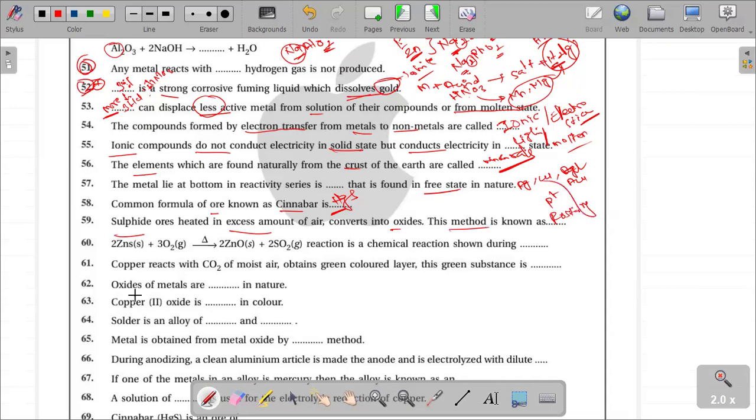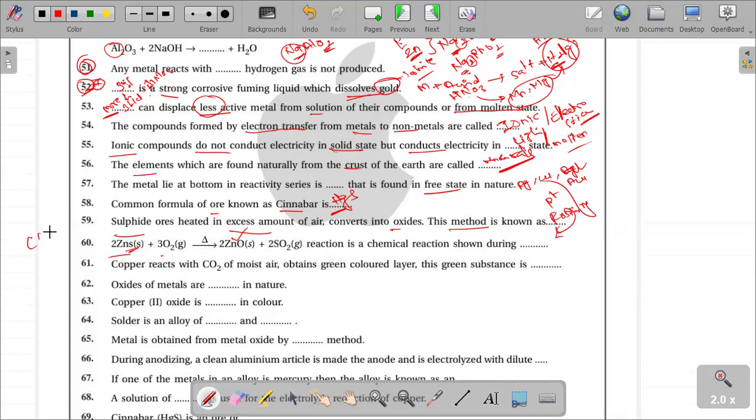Roasting. And next, zinc reacts with oxygen, then it will give zinc oxide. Here, zinc sulfide means what process should you use? Same, roasting only, no?